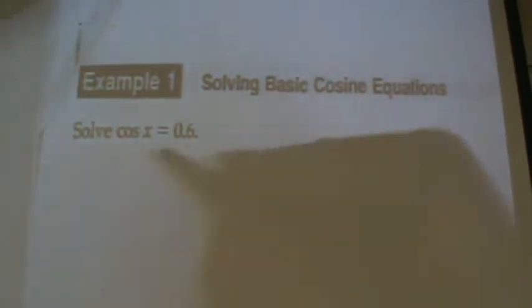Next, this is where I need you to have a calculator. Notice how it says example 1, now we're going to go to the easier problem. These should be easier. I'm going to do these on a calculator. So, first of all, make sure your calculator is in radian mode.